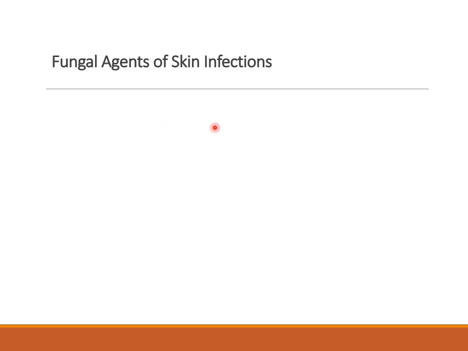So let's start with the fungal agents causing skin infection. When we discussed mycology, we said that the most commonly used method of grouping fungal agents is based on its major site of involvement, also referred to as the clinical classification of fungal infections. So you have superficial mycosis, do you remember?